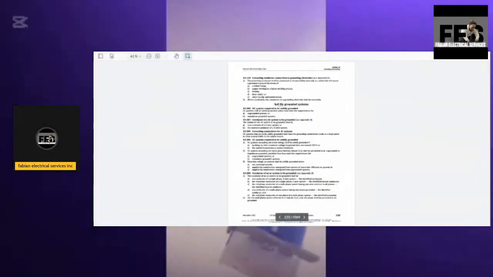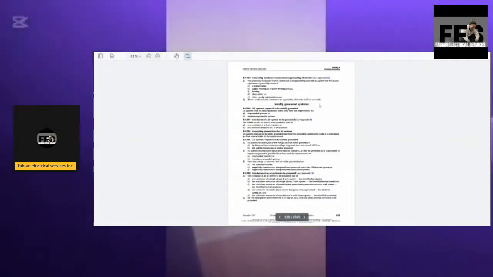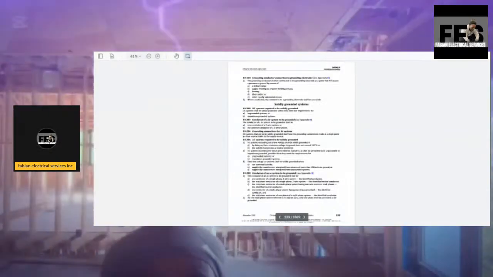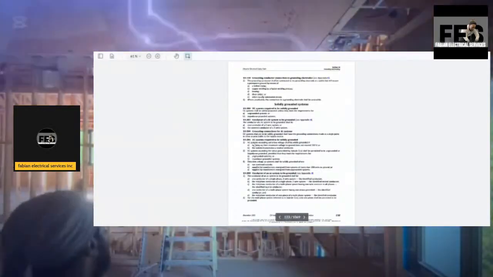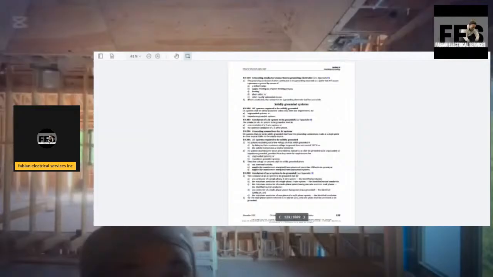Where practicable, the connection to a grounding electrode shall be accessible. That's the DC rules you can see here.